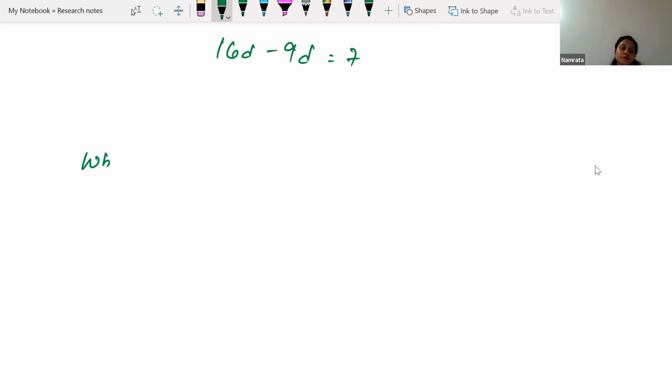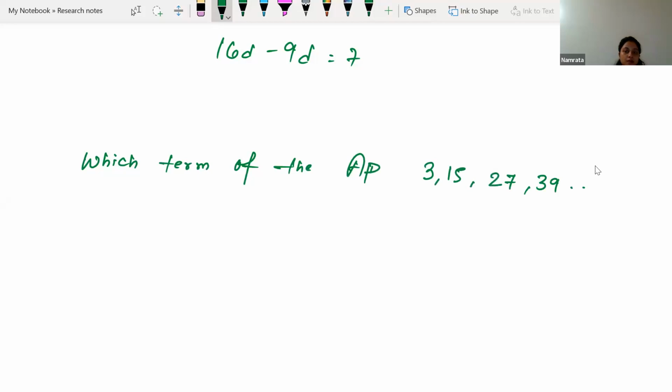Which term of the AP (3, 15, 27, 39) will be 132 more than its 54th term?